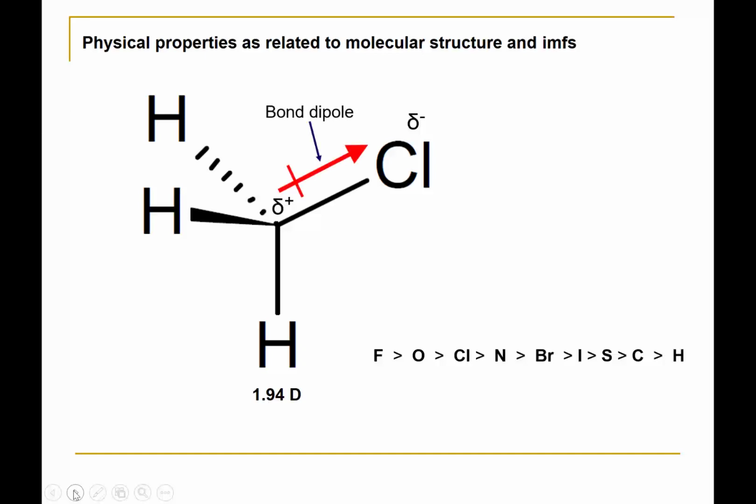I draw a bond dipole in the direction of the chlorine. I consider that the hydrogen-to-carbon bonds are essentially nonpolar, and therefore this entire molecule will have a molecular dipole in the direction of the chlorine atom. As indicated, if you put this molecule between charged plates, a dipole moment of 1.94 Debye will be measured.